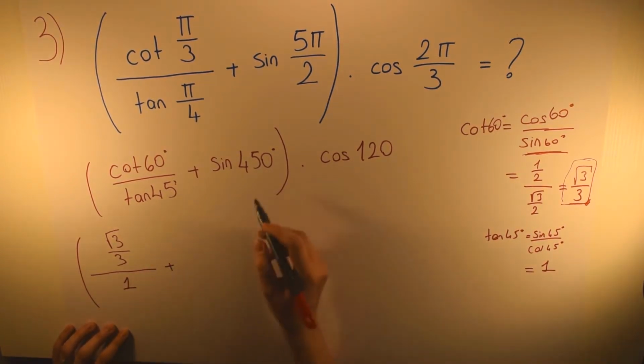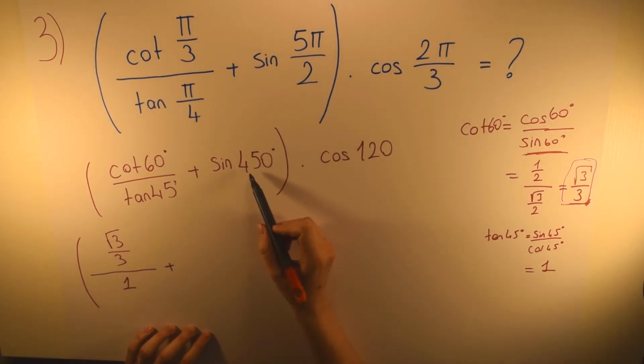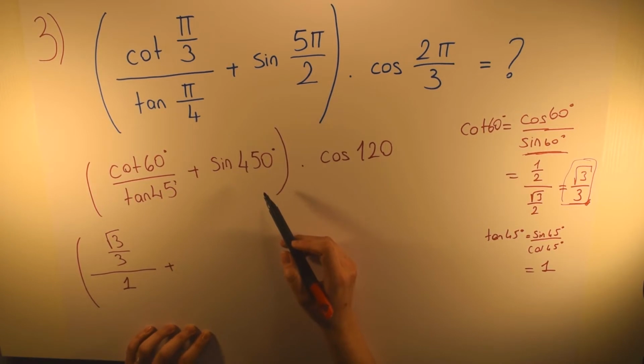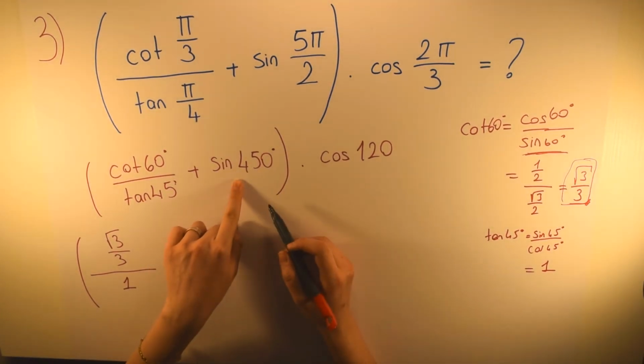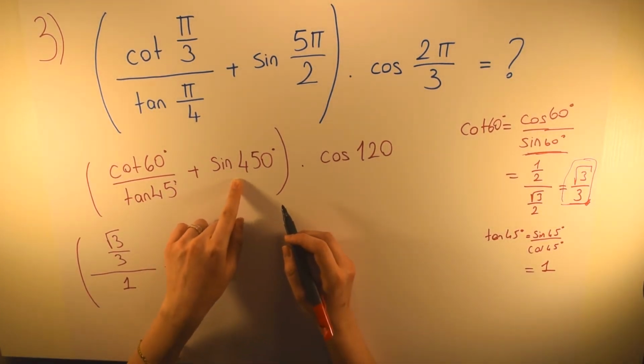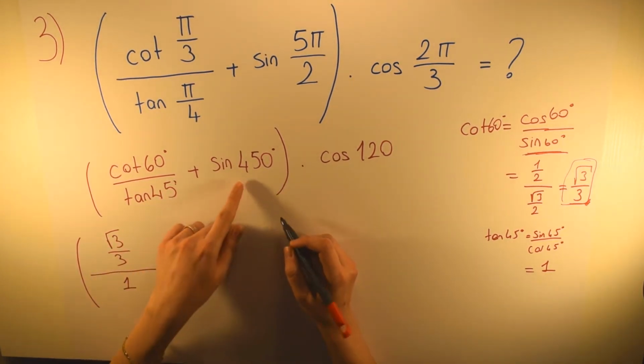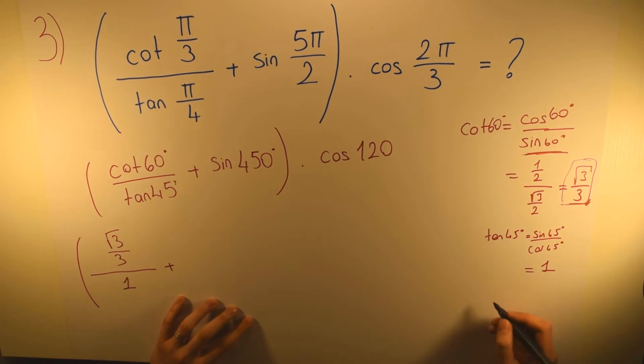Okay, plus sine 450 degrees. So here we need to find its principal angle. We subtract the multiples of 360 from 450, which gives 90, right? So yes, here we will get 90 degrees.